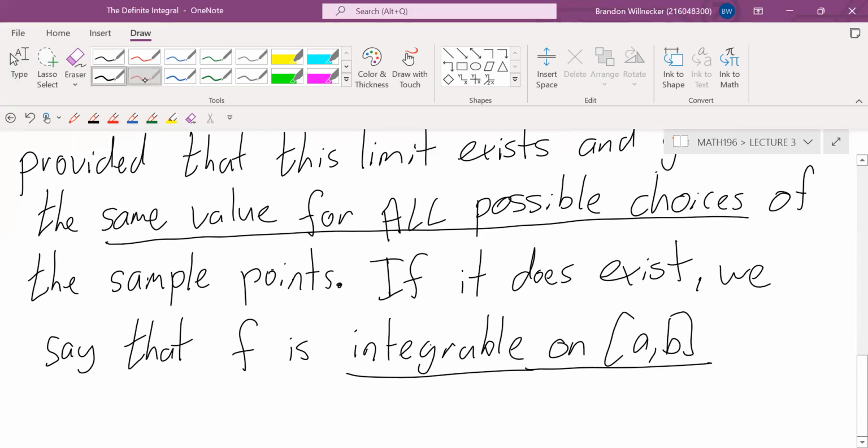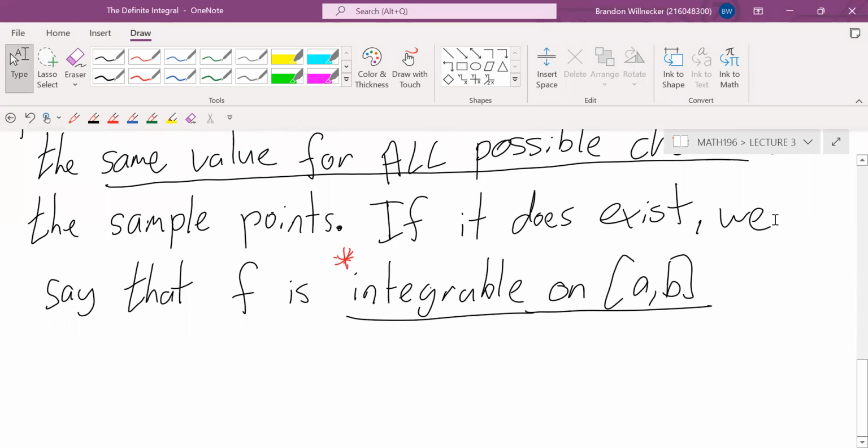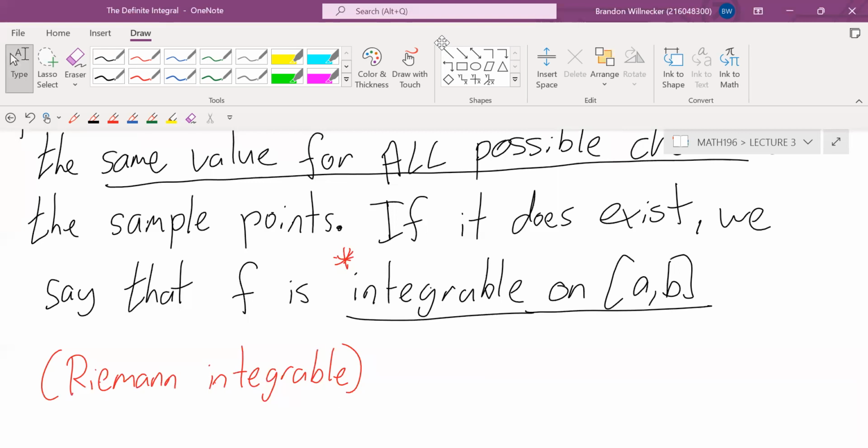Okay, now just a little star here when I say integrable. Remember, we are doing this integration using the Riemann integral. So technically, we should be saying Riemann integrable. Yeah, because there is another notion of integration called Lebesgue integration, and then those have different conditions, and we say that functions satisfying those conditions are then Lebesgue integrable.